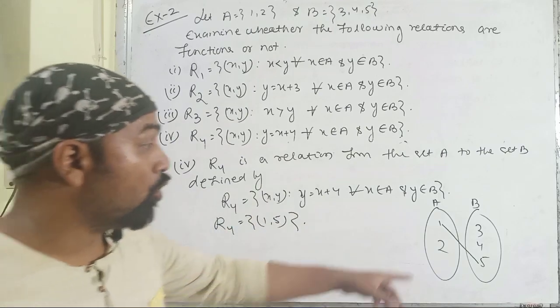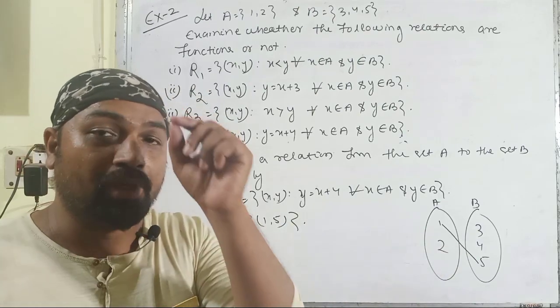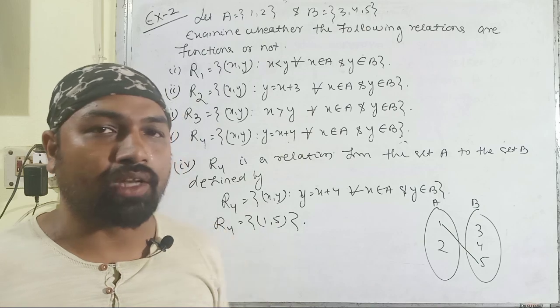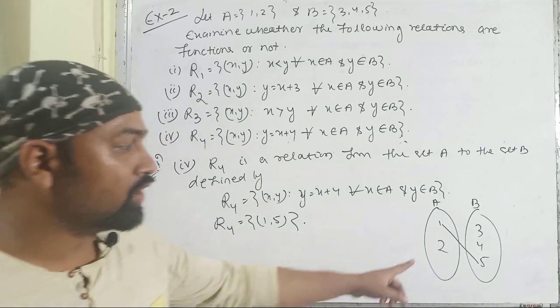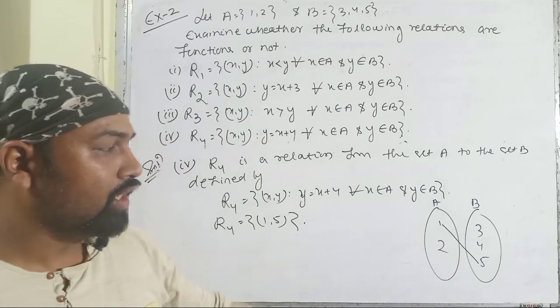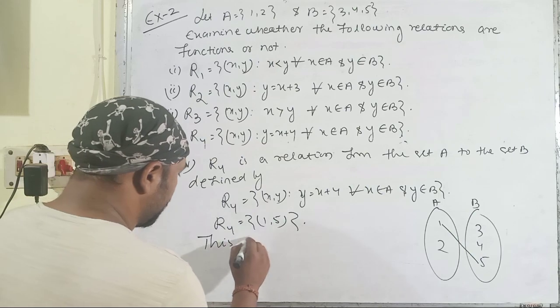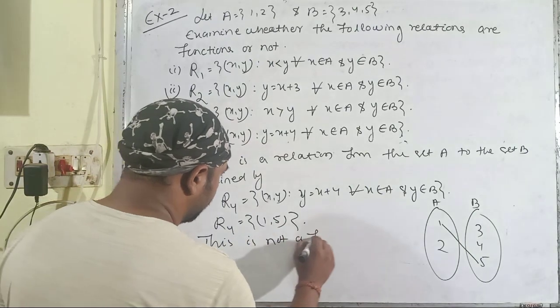That means there is an element remaining in the first set, that is 2. That means it contradicts the given definition. That means 2 has no image in the set B. This is why this is not a function.